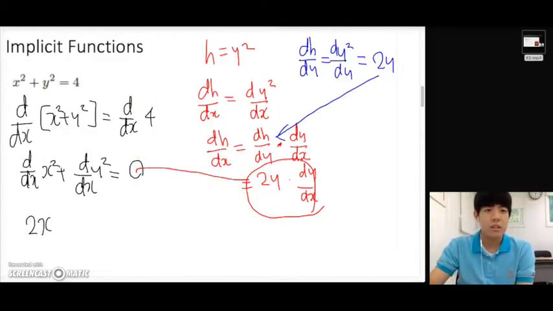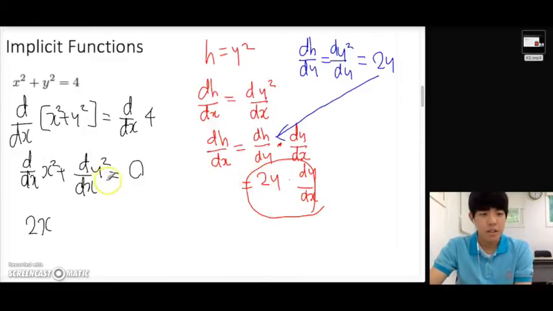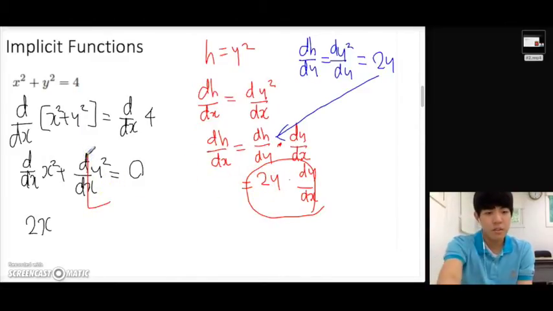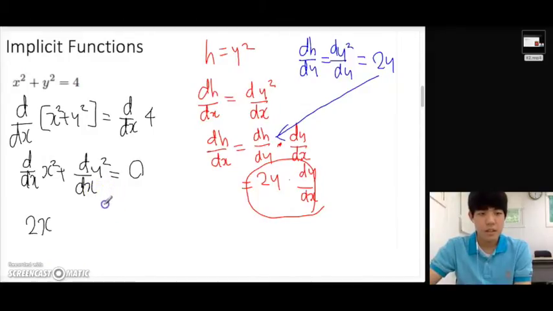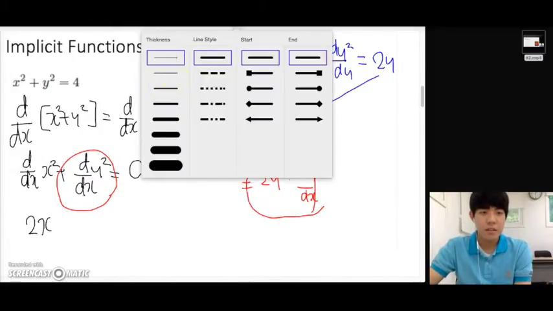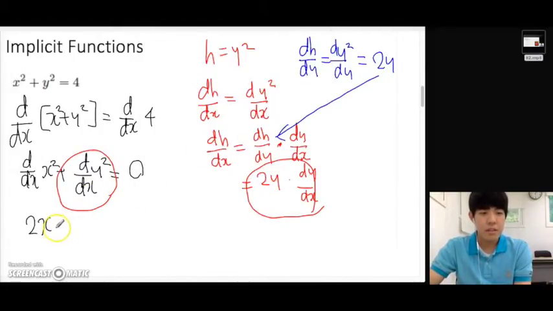This whole part here can be substituted into the original equation. So if we rewrite it, it would be 2x plus 2y times dy/dx, which equals 0.